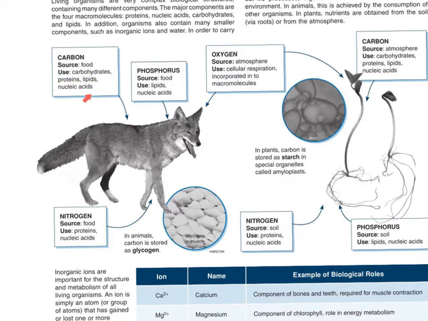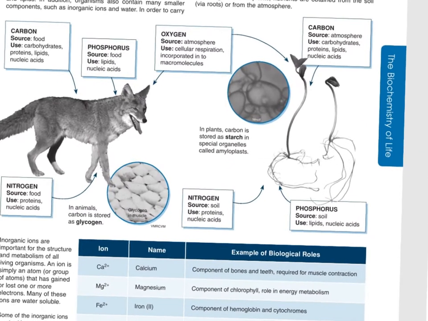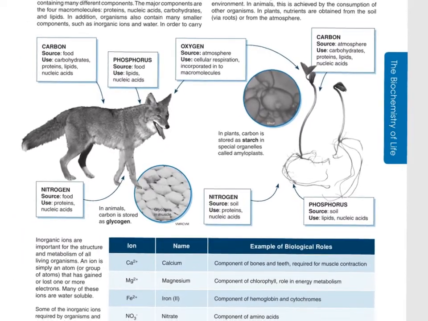So animals use carbohydrates, proteins, lipids, and nucleic acids to get carbon. We get carbon from all those. Anytime you eat, this is where you're getting your carbon. Phosphorus is used in nucleic acids and some lipids, and we get it from our food as well. Oxygen, we get it from where?